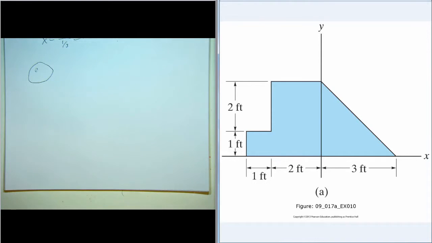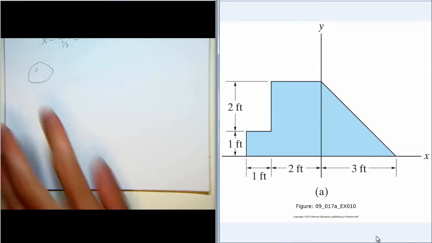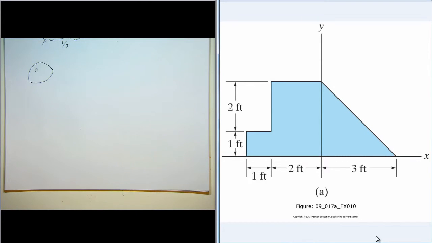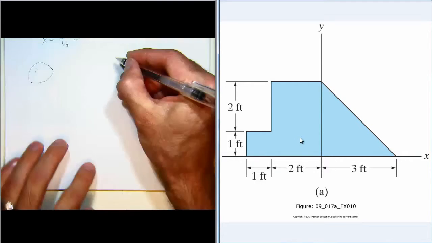And what we have now is the same concept of the centroid, but now instead of an infinite number of these little pieces, we just have a few bigger parts. And so we're going to have summations instead of integrals.